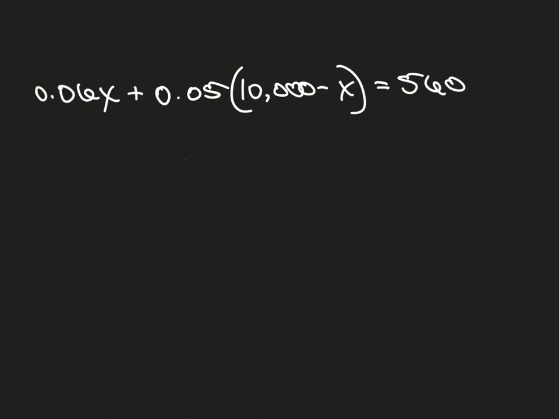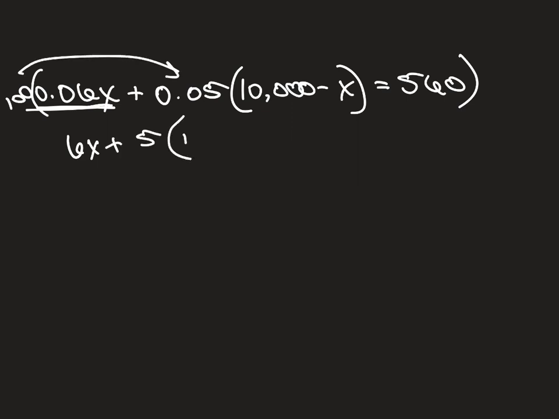In order to move that 2 over, I have to multiply the whole entire thing, both sides of the equal sign, by a number that has 2 zeros, 100. When I multiply 100 times this, I get 6. When I multiply 100 times this, I get 5.